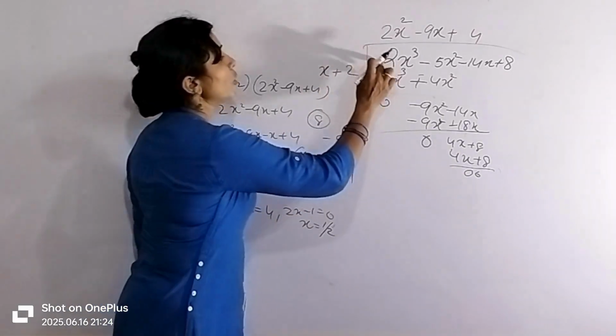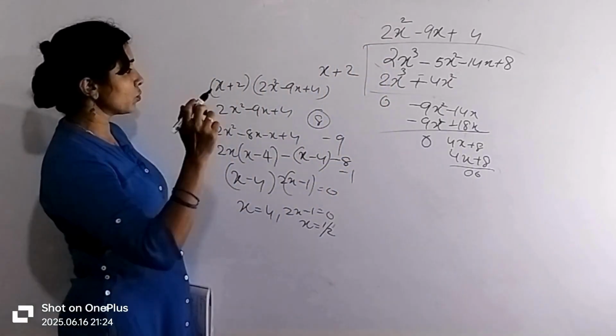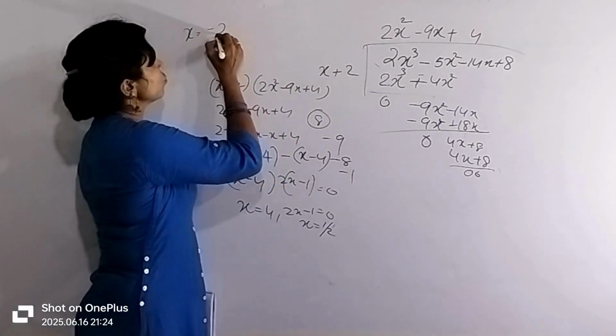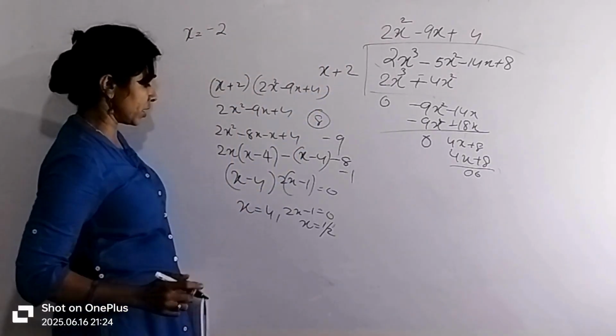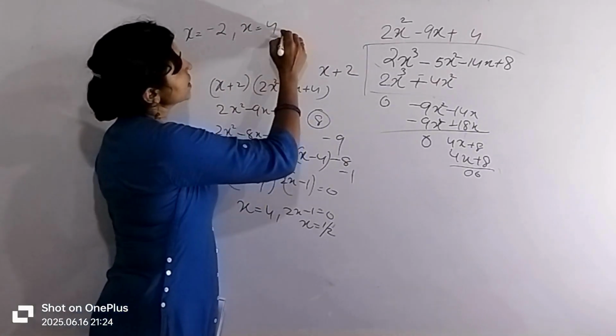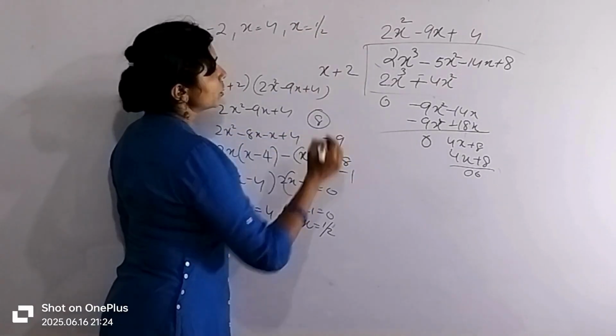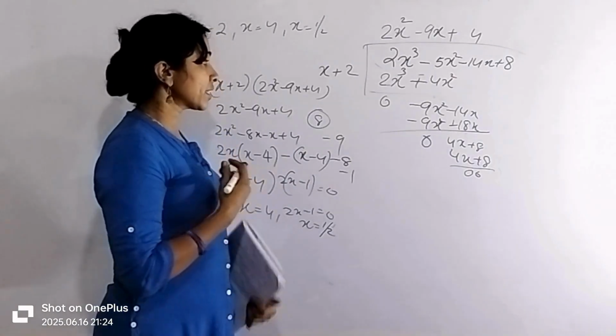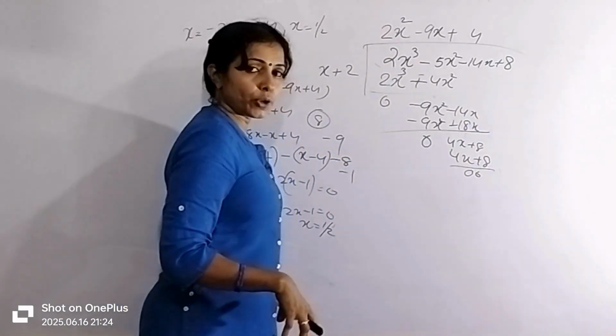Since it is a cubic polynomial, we have three real roots, three zeros. One is x is equal to minus 2, so x plus 2 is a factor, we already took it. Next one is x is equal to 4. And the third one is x is equal to 1 by 2. Now we just check how these zeros of the polynomial are connected with the coefficients of the polynomial.